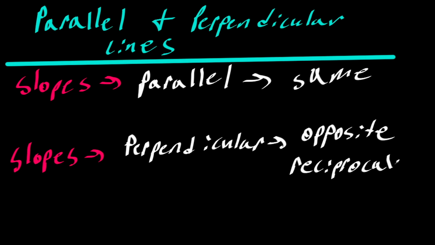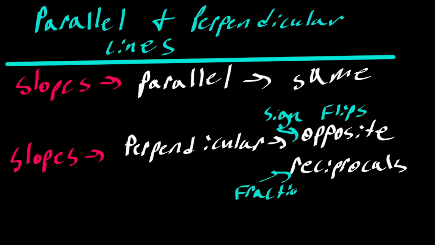Opposite just means that the sign flips, and reciprocal means that the fraction flips. So if you see slopes that are the exact same, that means the lines are parallel.